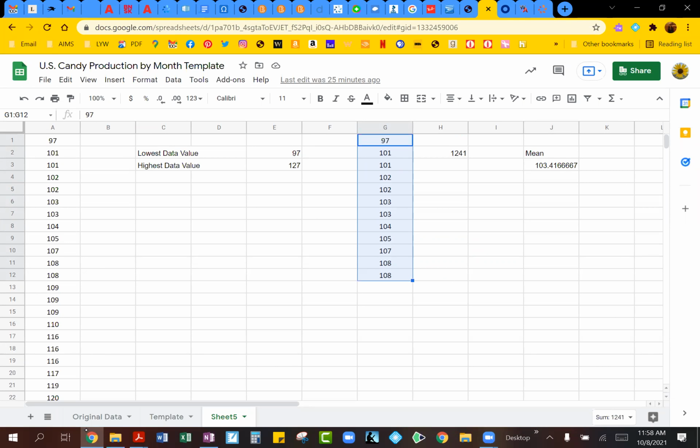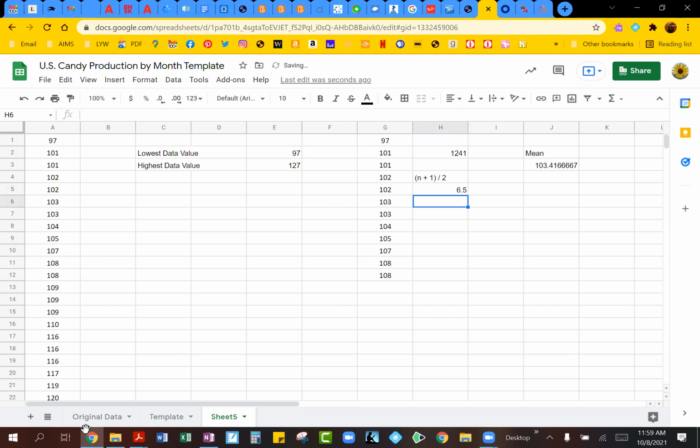So if you use the n+1 divided by 2 over here, let's do that. If we did n+1 divided by 2, well, we've got a total of 12 data values. So to that we add 1 and then divide by 2. So that's technically 13 divided by 2, right?